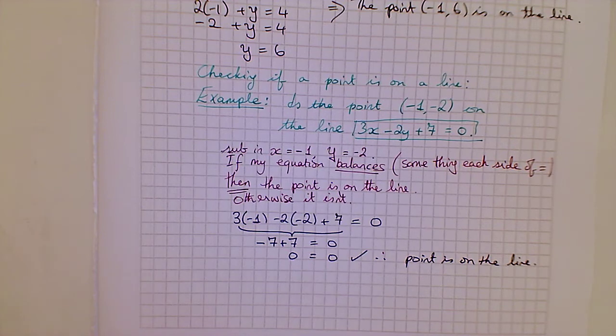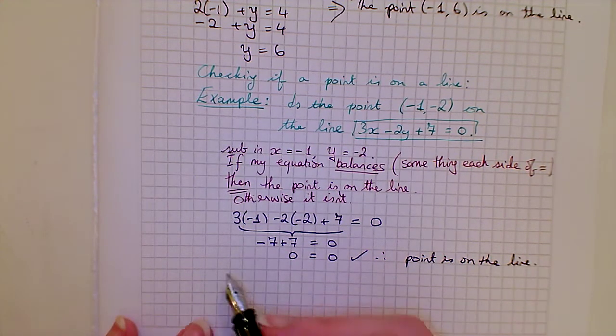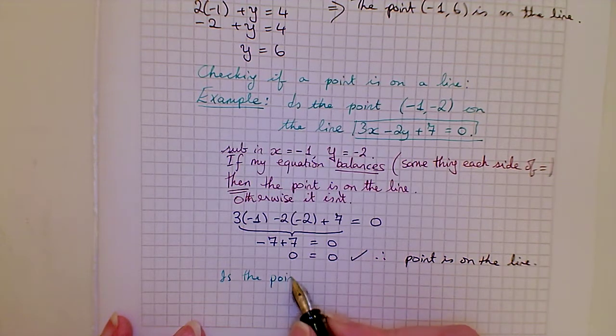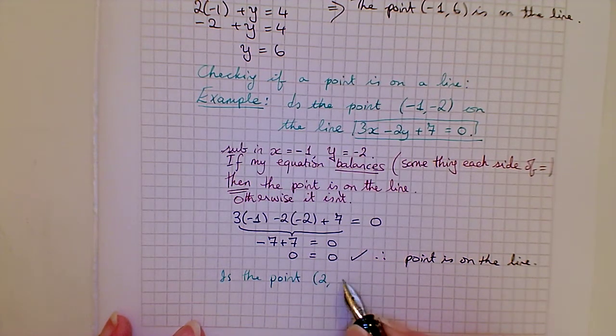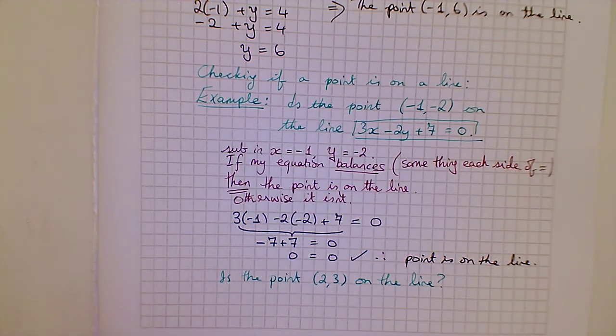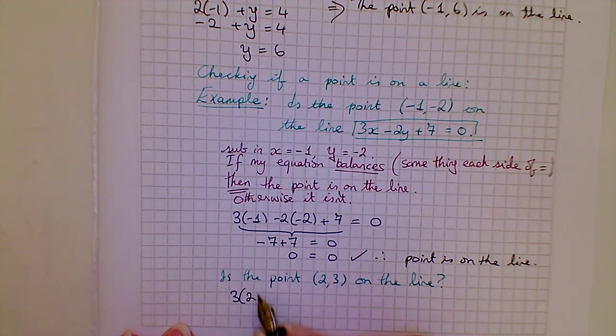What about the point (2, 3)? Is it on the line? Well, if I sub in x equals 2 and y equals 3, do I get 0? Do I get a balanced equation? I've got 6 minus 6, which is 0.